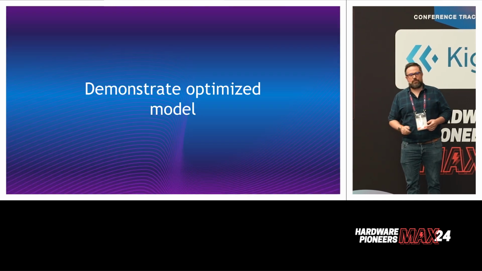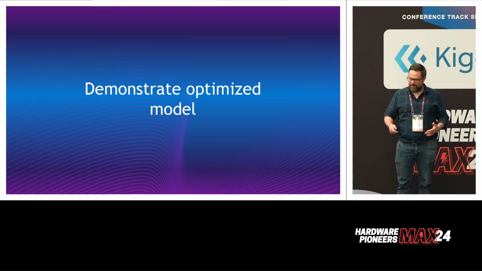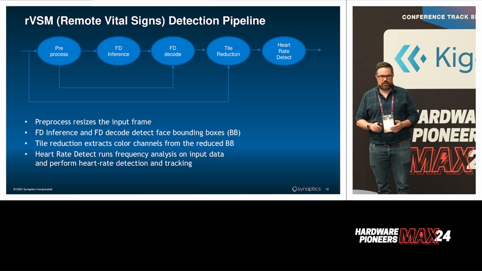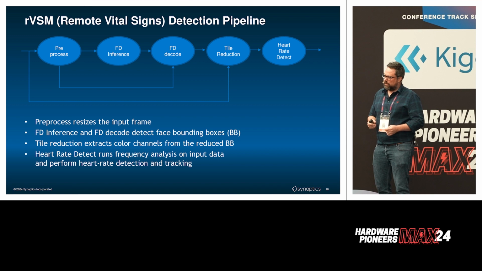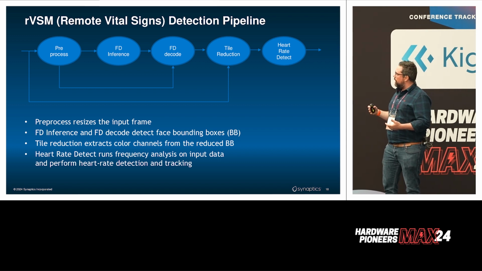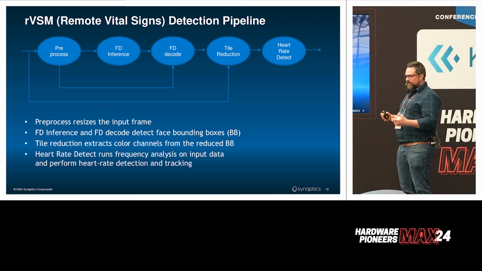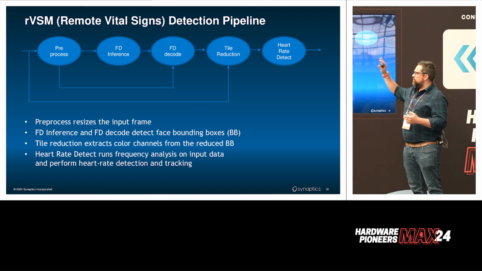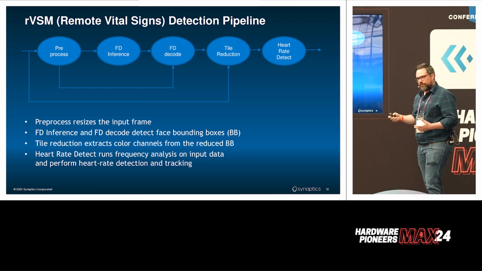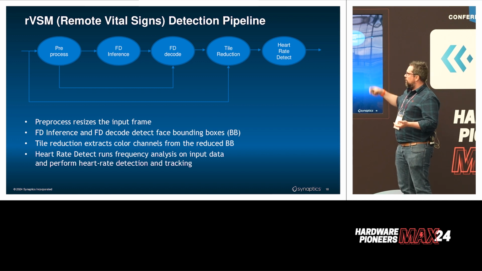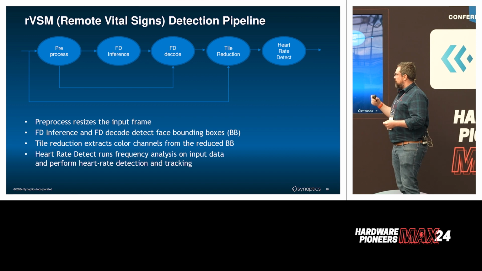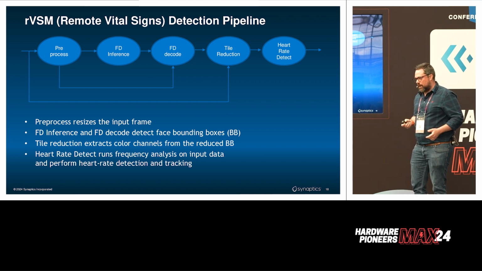Let's do some demonstration about how to run model optimization. We have a partner, Darwin Edge, that developed a remote vital detection pipeline. They start with some videos, do some pre-processing on the input frame, then run some face detection inference to decode the face and extract the bounding box.